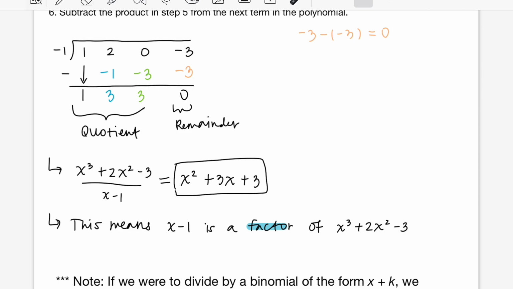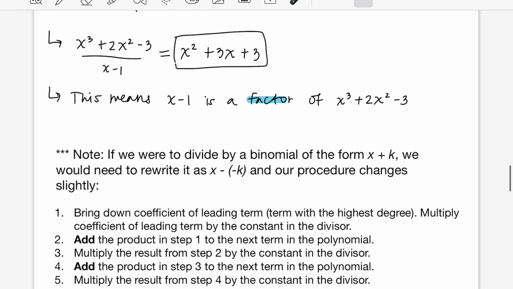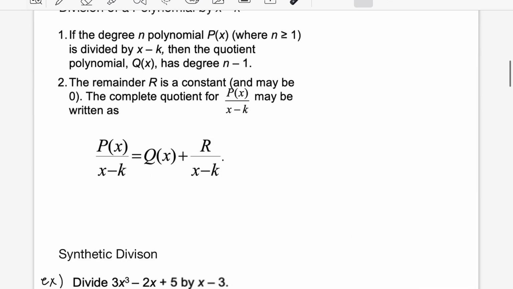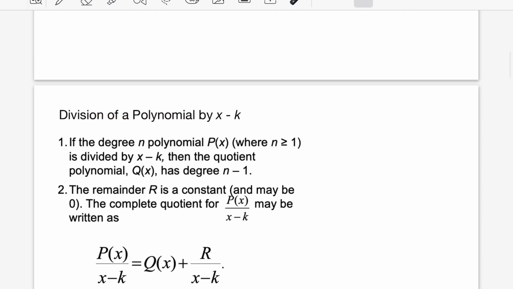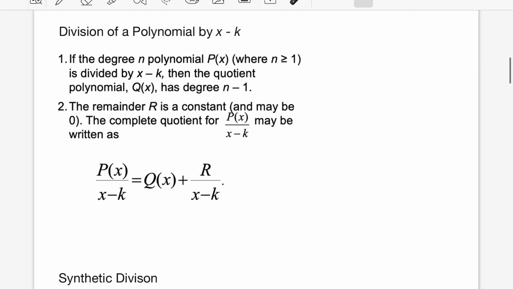All right, something else to note here, that if we were to divide by a binomial of this form here, this x plus k, we would need to rewrite it as x minus k. We need to rewrite this binomial so it has the form of x minus something. As we saw previously, we're looking at division of a polynomial by something of this form.